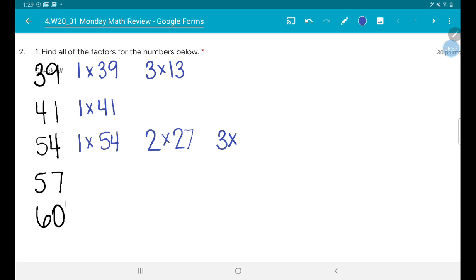You're close, but not quite. 3 times. How can we figure it out? We can either skip count like we were doing a while ago, or we can divide. So Graceland thinks it's 18. Let's see if 54 divided by 3 equals 18.